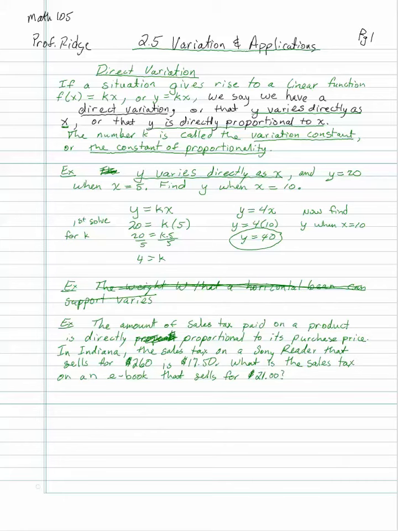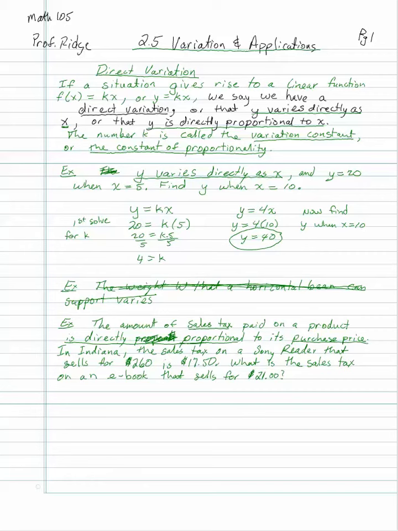Okay, so the amount of sales tax paid on a product is directly proportional to its purchase price. In Indiana, the sales tax on a Sony reader that sells for $260 is $17.50. What is the sales tax on an ebook that sells for $21? So again, I like to throw out the extra words here. So sales tax is directly proportional to purchase price.